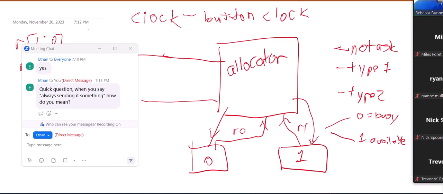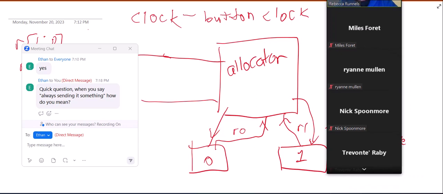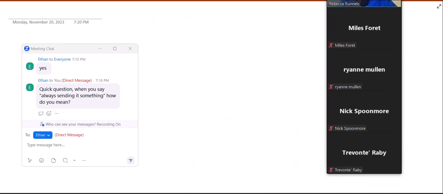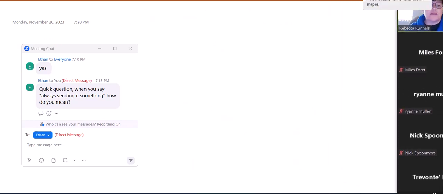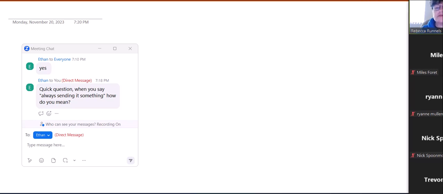Okay, so now back to always sending it something. What I mean by that is there are different ways to send things with a program, but we're going to have an allocator module.